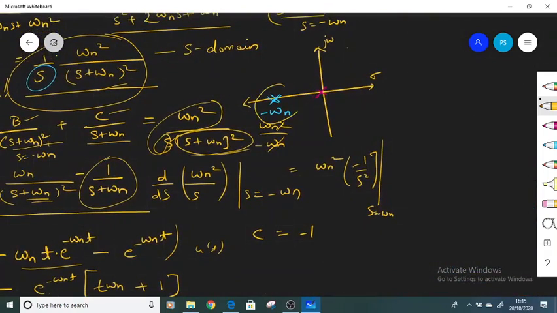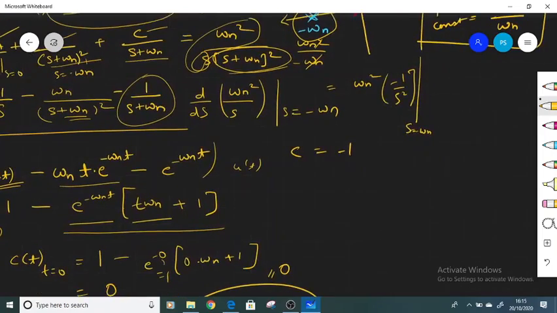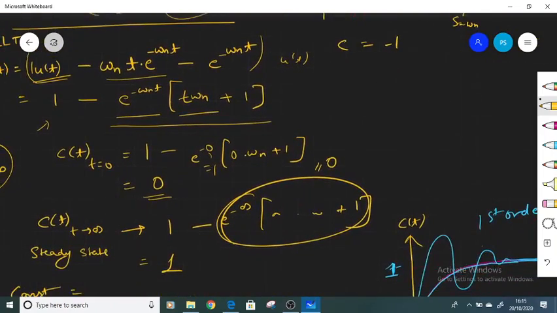Both the poles were lying at minus omega n. So my time constant can be found out as 1 divided by the real part of the location of poles. So it's going to be 1 divided by omega n. This is the time constant for this system. I hope this is clear. So this is the case for the critically damped system.